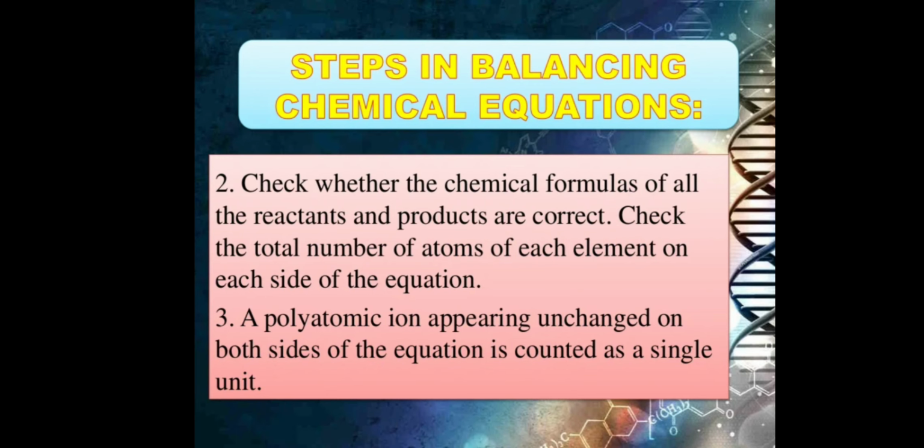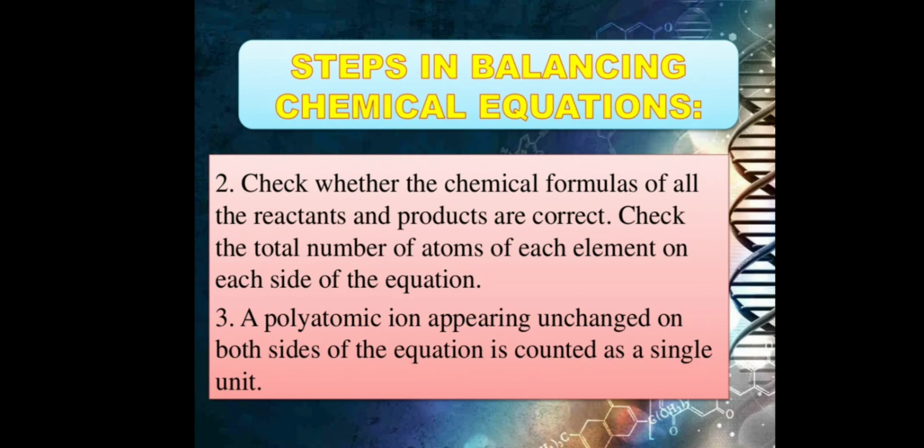Next, step number 2: check whether the chemical formulas of all the reactants and products are correct. Check the total number of atoms of each element on each side of the equation. That's why you have to balance it.